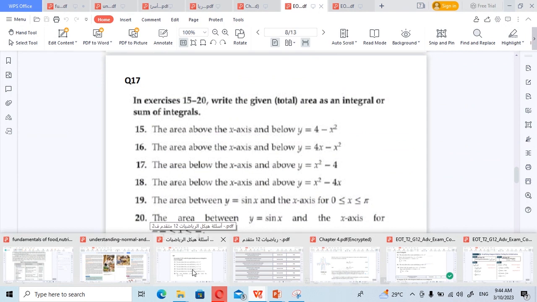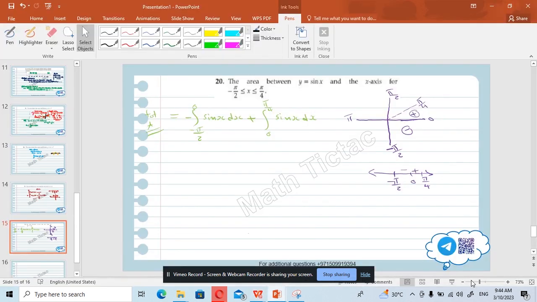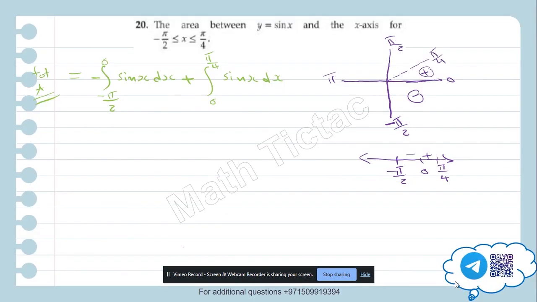We have in here question 17, which is the area below the x-axis and above y equal to x squared minus 4. So that's it. 17. So y equal to x squared minus 4 below x-axis.